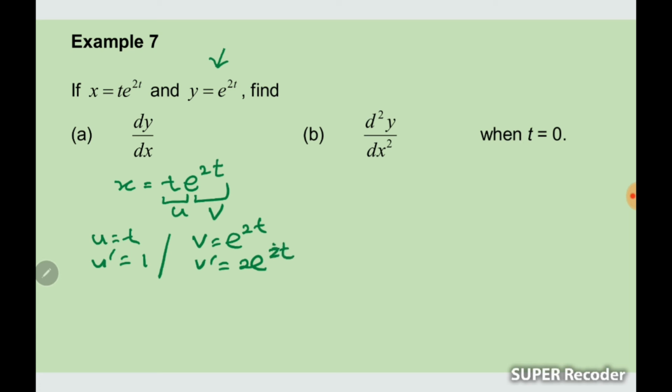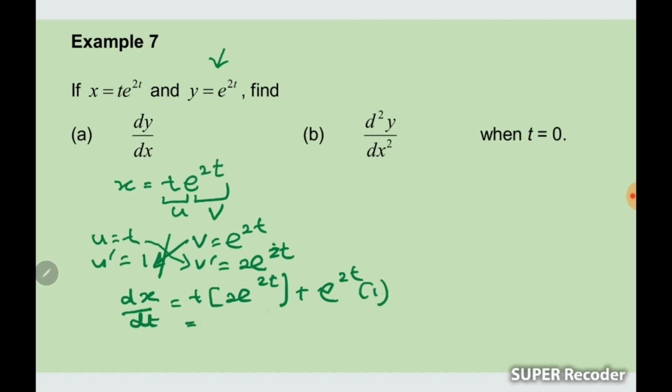Now we want to find dy/dx. dx/dt is equal to u v prime plus v u prime: t multiplied with 2e^(2t) plus e^(2t) multiplied with 1.